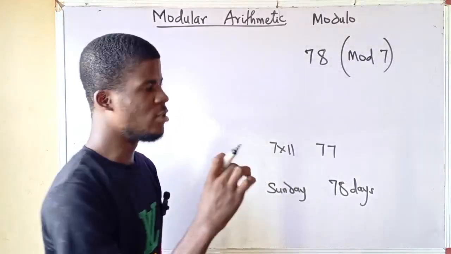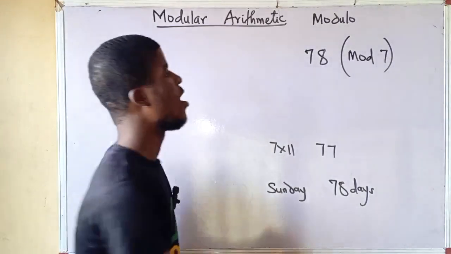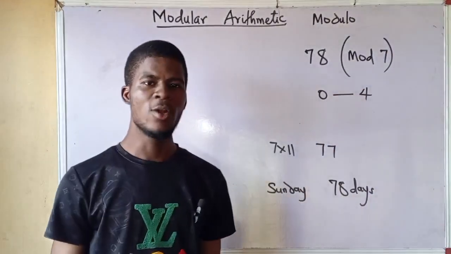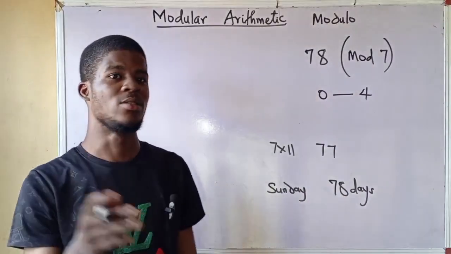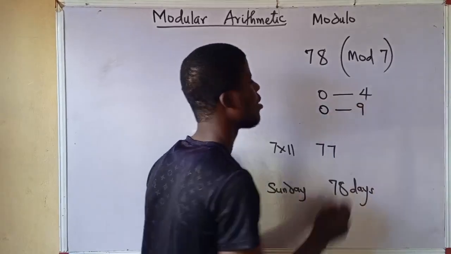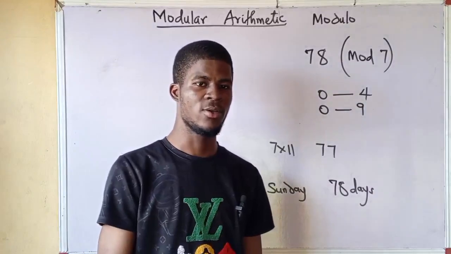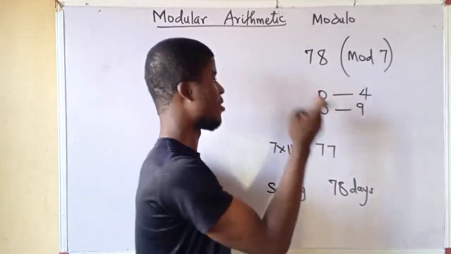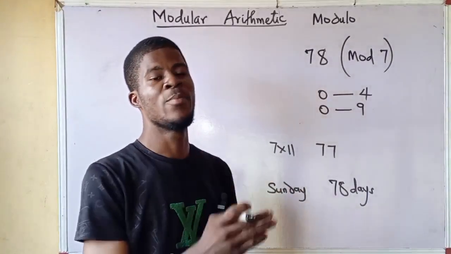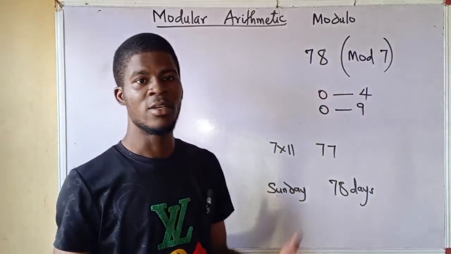You know, digits under base 5 are from 0 to 4. The values that we have in base 10 are from 0 to 9. It means that 10 itself is not in base 10, right? 5 itself is not in base 5.